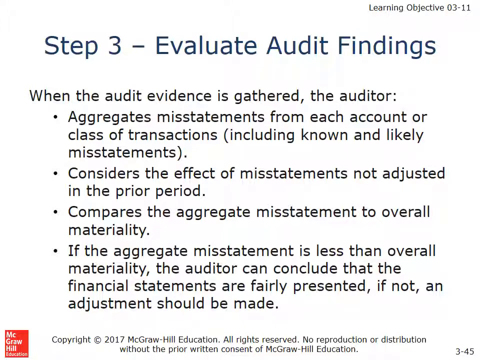So let's say, we're almost done here, you have cash. I'm just going to jot this down on my page, and if you have a pencil, you can jot it down. You have cash that has a $100,000 balance. You have accounts receivable. We'll just use 2 accounts, with $500,000. You've determined materiality to be $20,000.